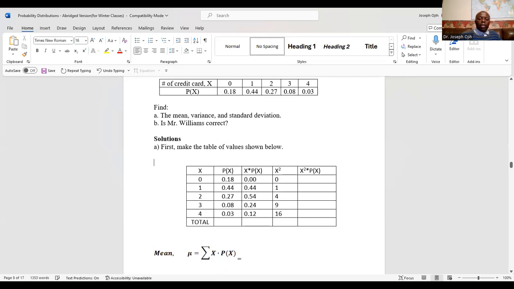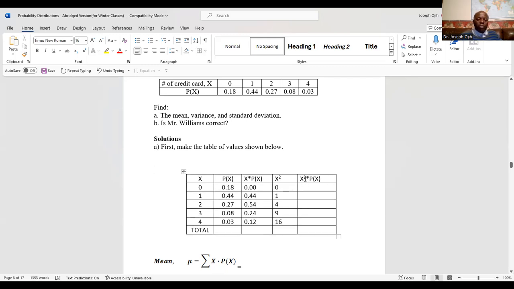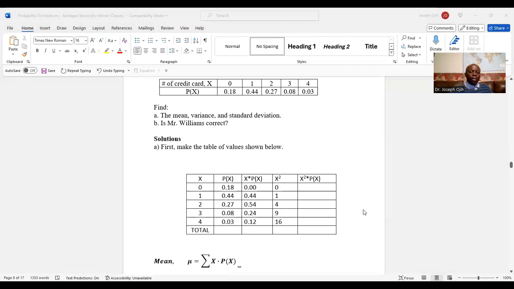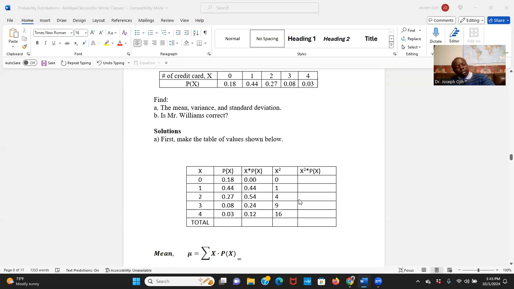Now, next thing we need to get is this one, which is x squared times px. Let me show you what it means.